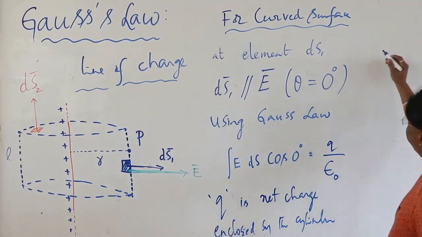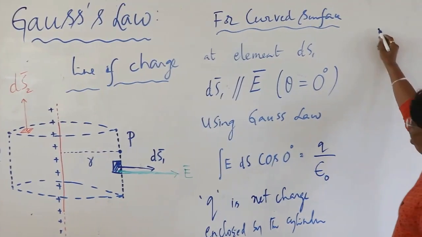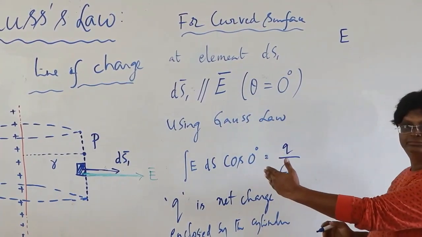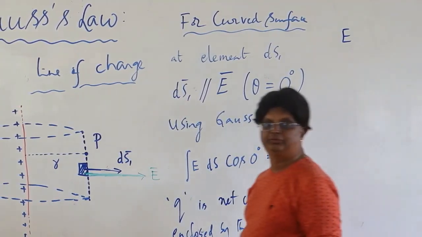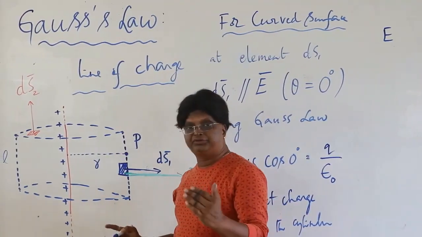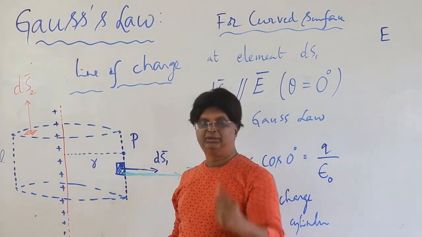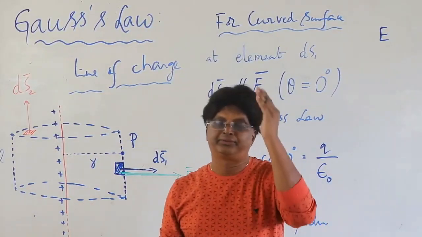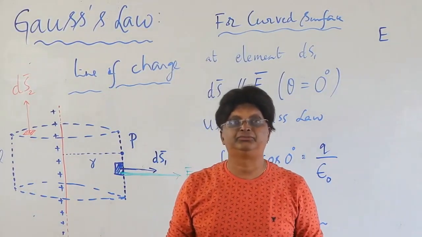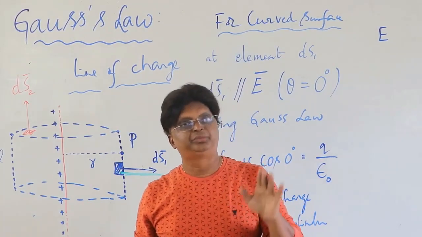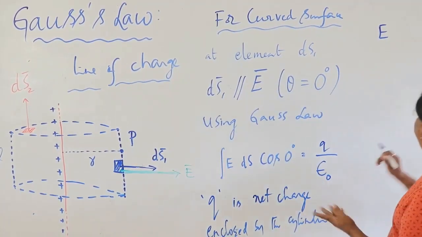Therefore now what is the value of Q? This is what we write as the integral. E is constant everywhere, because there is symmetry, you will find. Any element on the Gaussian surface is equidistant from this line charge, which is exactly at the center of the cylinder. Is it not? Therefore E happens to be the same at each and every element.